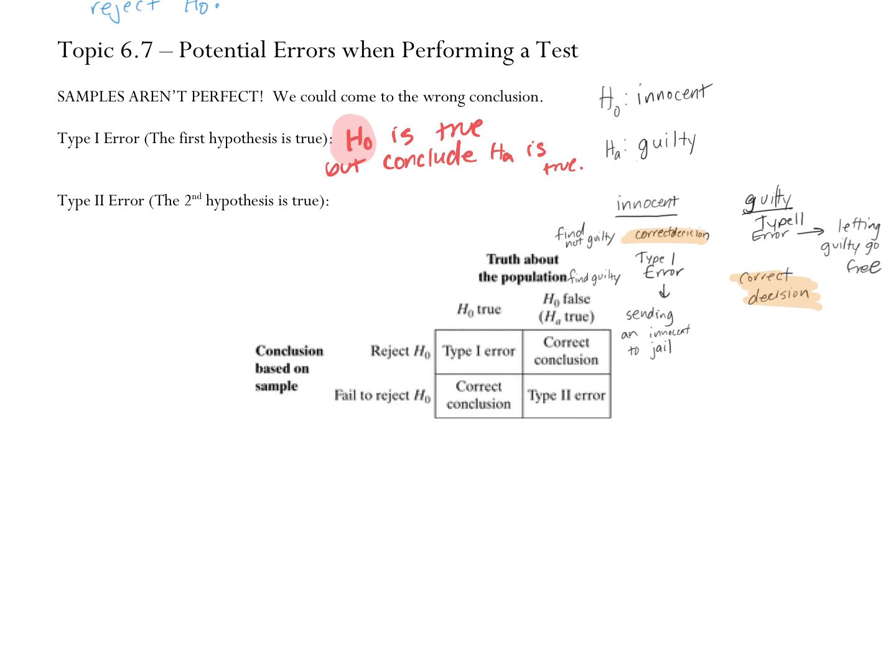Okay, for type 2, HA is true, but we fail to conclude that HA is true. Because we never really conclude that HA is true, or the null is true.